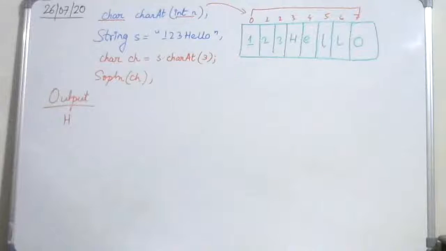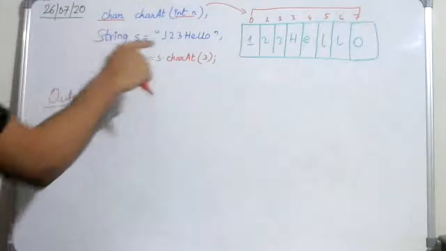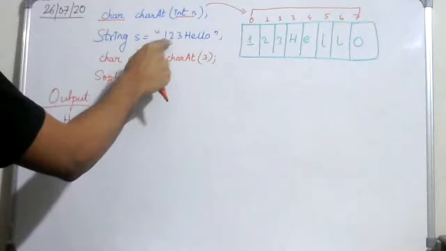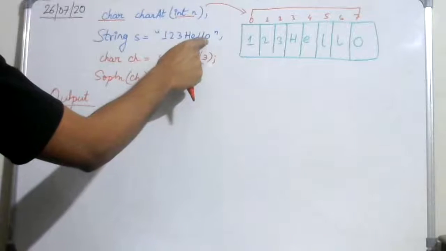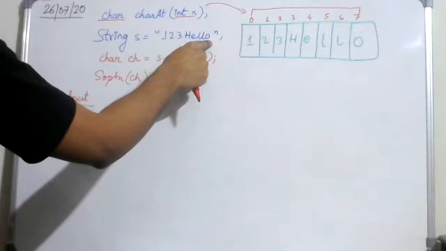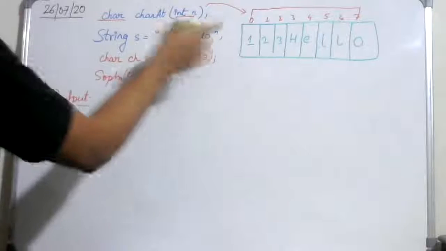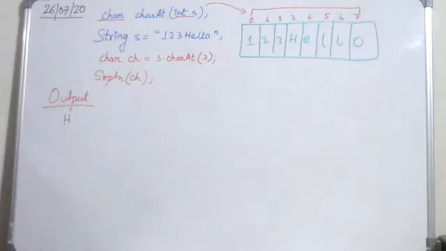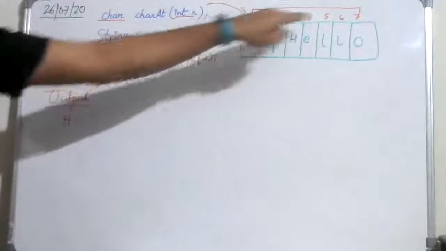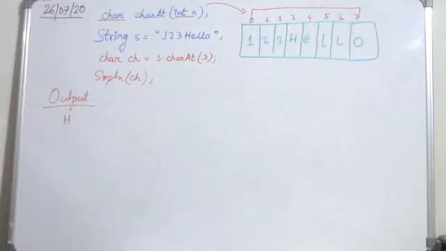Remember, while discussing the previous function, the length function, I had told you that it will start counting from 1. So 1, 2, 3, 4, 5, 6, 7, 8. So there are 8 characters, but in case of indexing, it is only up till 7.